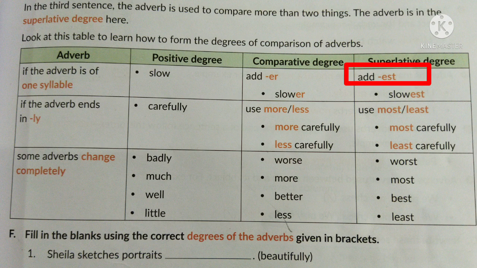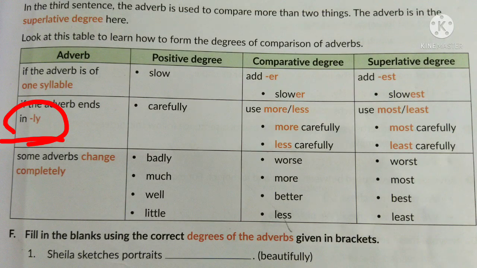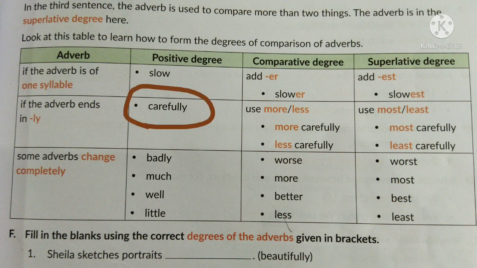The second rule is if the adverb ends in ly. Let's take an example here. The adverb is carefully. In the positive degree, I am not comparing anything, so the word remains the same: carefully. What is the comparative degree of the adverb carefully?